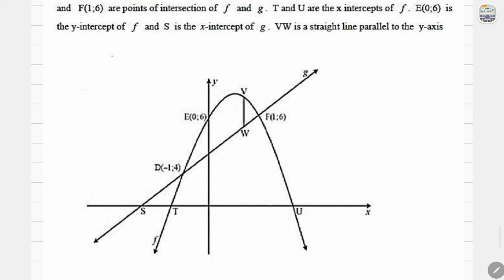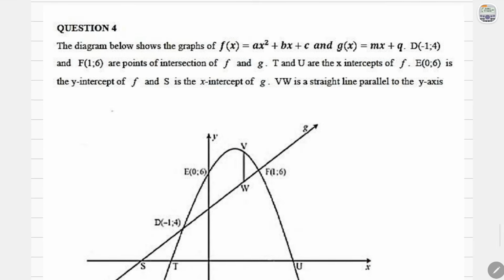To cut the parabola into 2 equal parts, you have to divide it right from the turning point. The axis of symmetry is this vertical line, and because it's a vertical line, it starts with x is equal to whatever the x value of that turning point is.